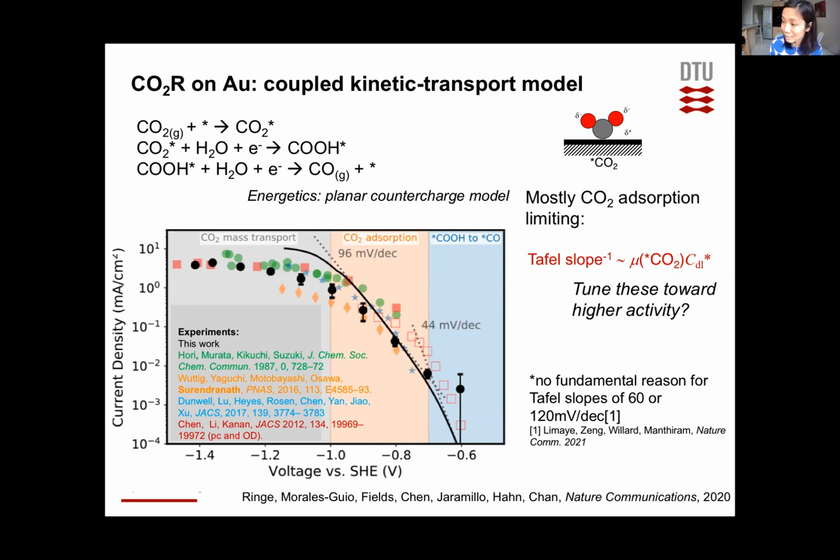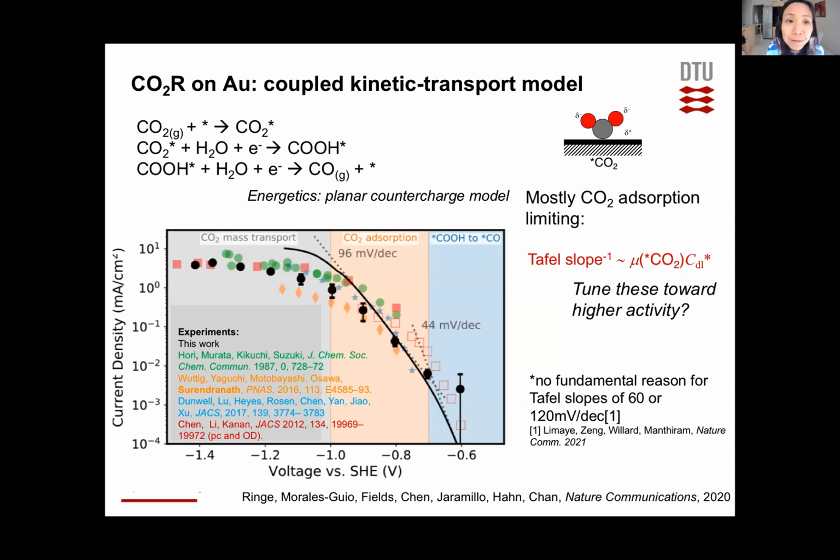A lot of mechanistic analysis is based on us finding these slopes, but there's really no fundamental reason why that should be, not in a dipole field picture and not in a proton-electron transfer picture, because we know from outer sphere electron transfer, for instance, that we're really dealing with a symmetry coefficient. So there's no fundamental reason to be looking for these. And actually, the impact of mass transport on these also convolutes the analysis.